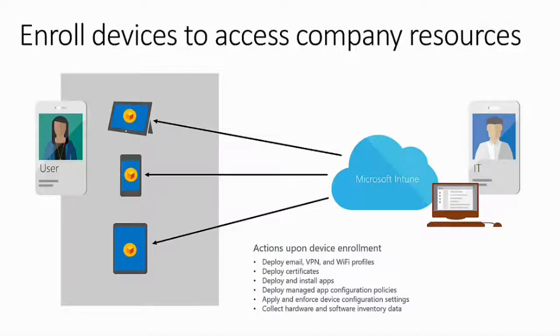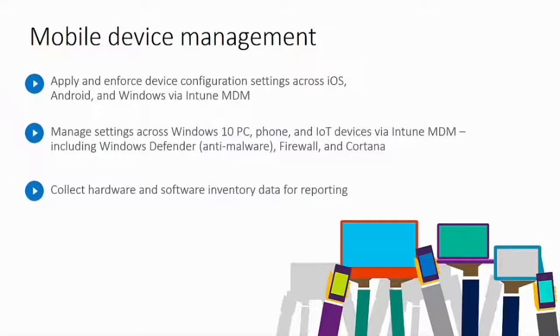So you can deploy email, VPN, and Wi-Fi profiles, deploy access certificates, deploy and install the applications that you want them to have, deploy managed application configuration policies, so you can set up policies around those applications, and then apply and enforce device configuration settings, and also collect hardware and software inventory data so you know what devices are out there and what's on them. In terms of mobile device management, you can apply and enforce device configuration settings across multiple operating systems and devices.